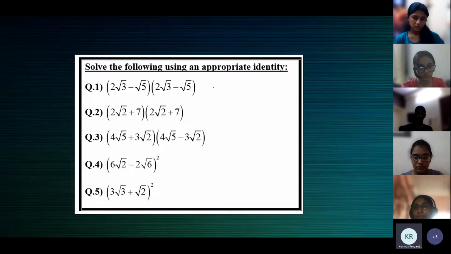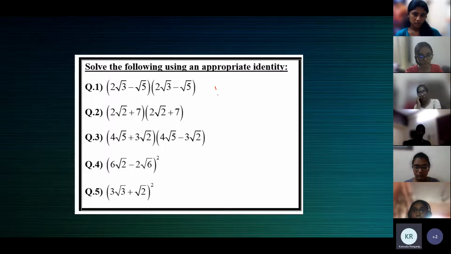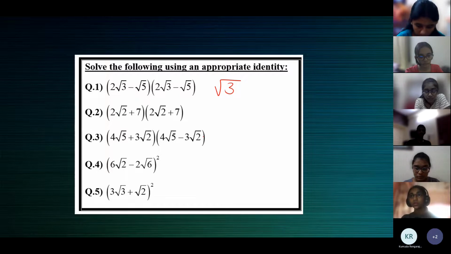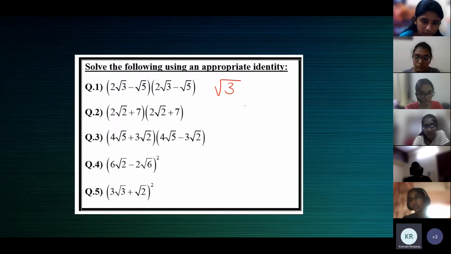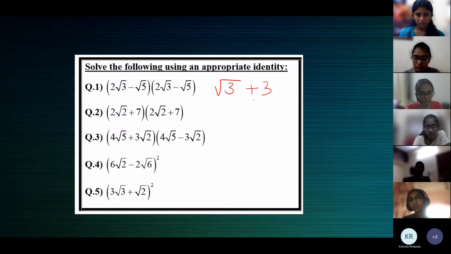Now what kind of decimal expansion does root 3 have? Non-terminating, non-repeating. Correct. Now to this, if I add 3, what kind of decimal expansion will the sum have?